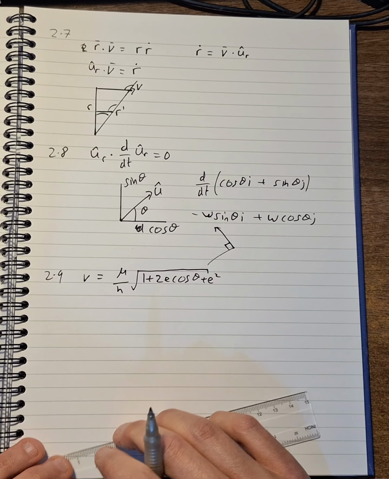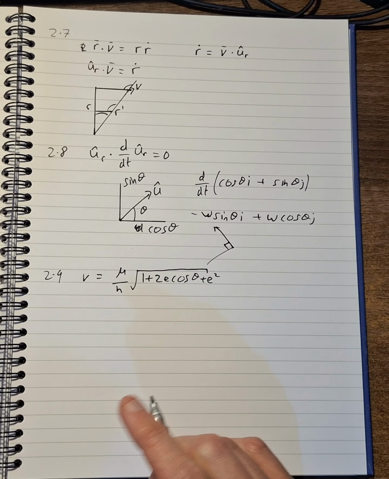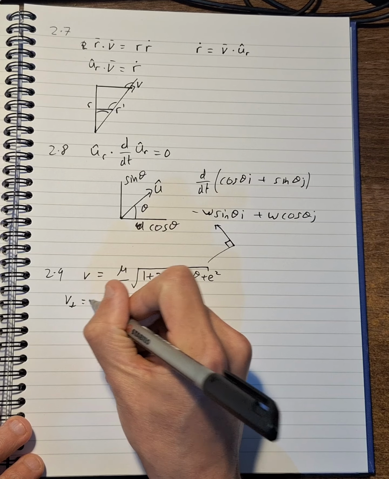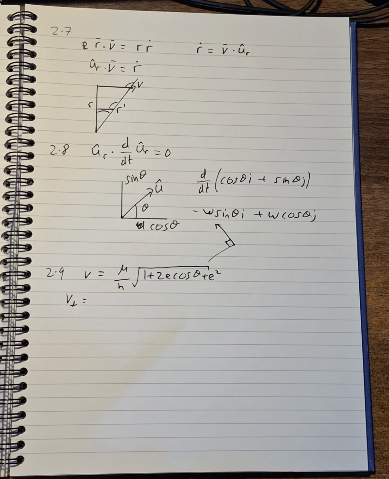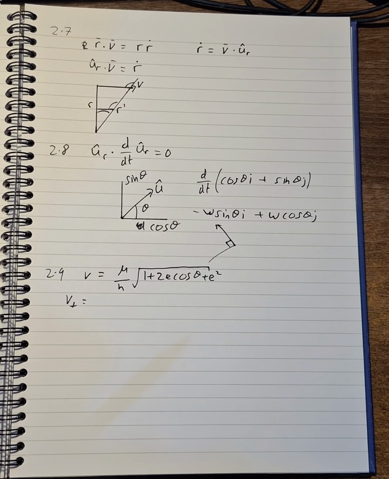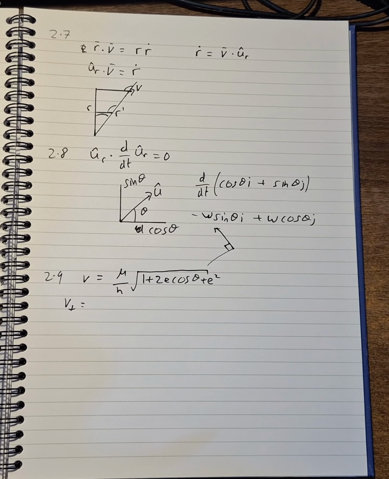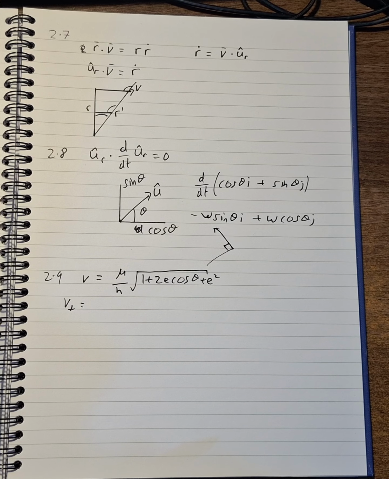Now, if you look in the book, it shows that v perpendicular equals, one second, let me just pull that up. I don't want to get them the wrong way around.